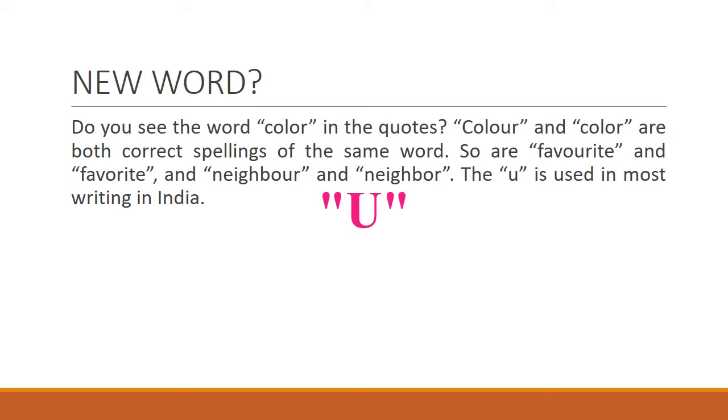But in India, we are following British English, and in British English, the u is added, and the computer has American English, so that word does not use the u. So that's the difference. The words are not incorrect, they are spellings of the same word, but in different varieties, like British English and American English.